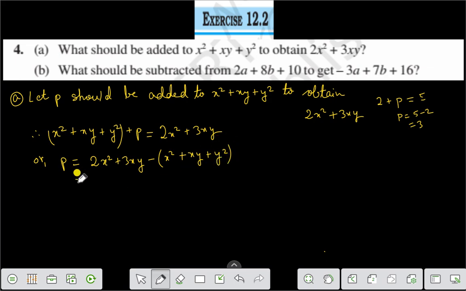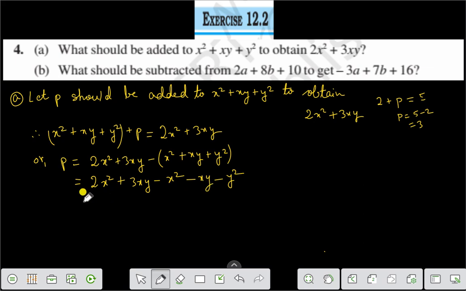Now if we simplify it, it comes to 2x square plus 3xy minus x square. Minus into plus is minus xy. Minus into plus is minus y square.